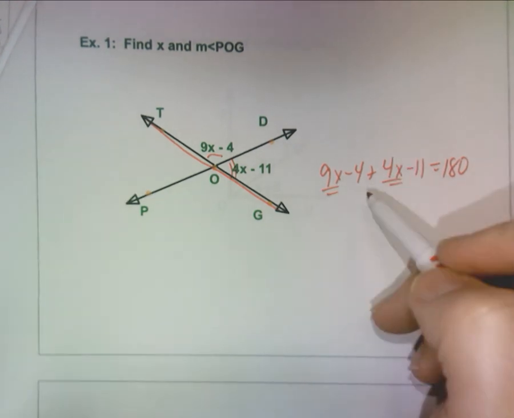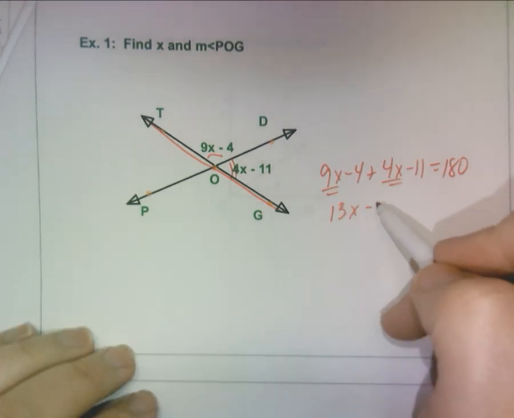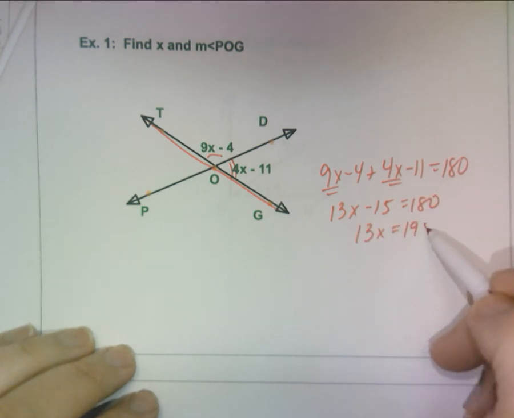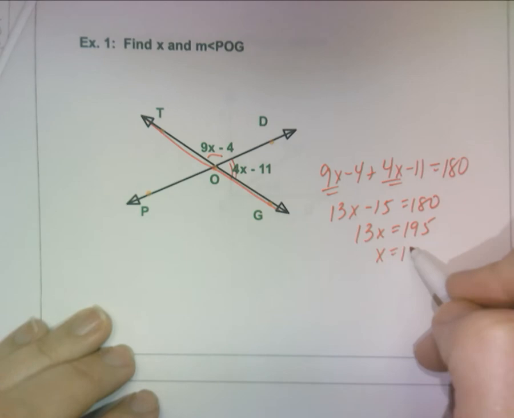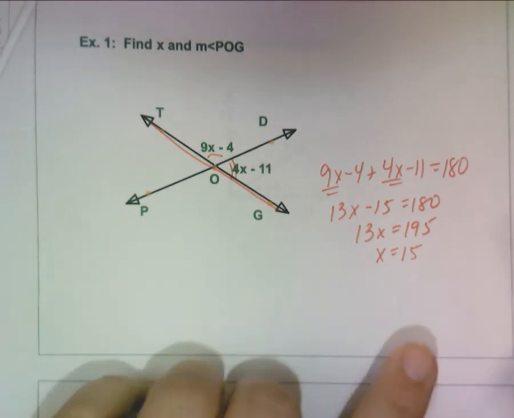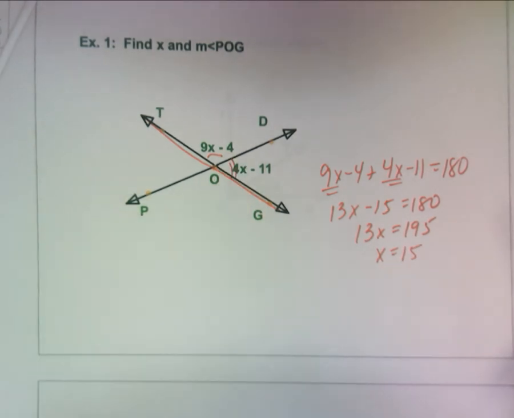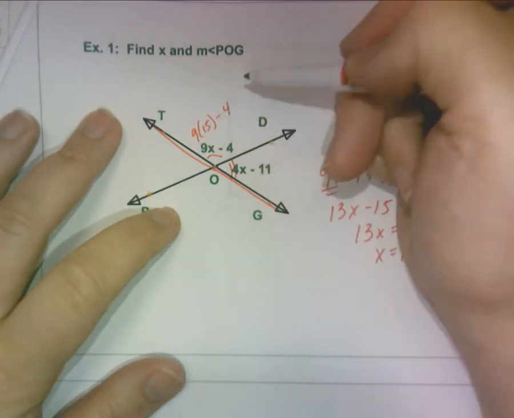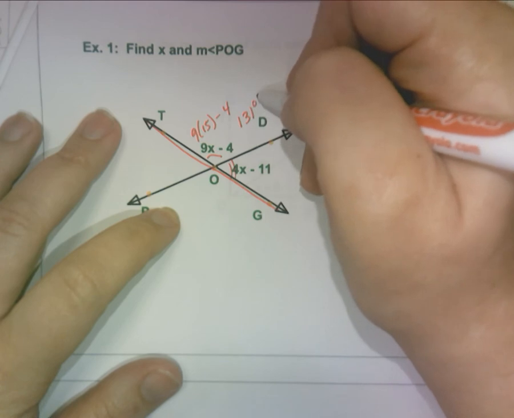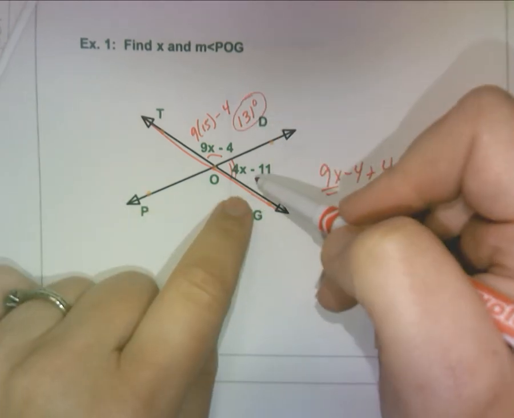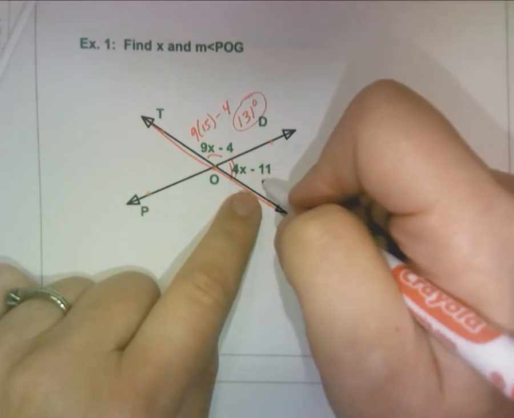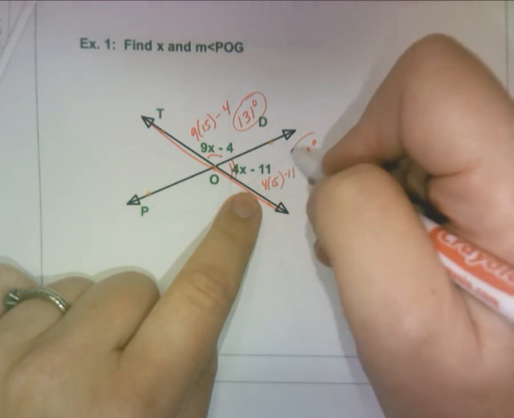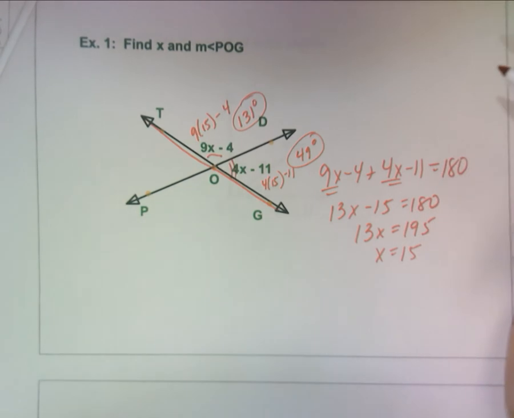And do just very simple algebra. 13x minus 15 equals 180. 13x equals 195. x is 15. So we found x. Plug it back in. If I plug it into this one, 9 times 15 minus 4 would be 131 degrees. Plug 15 into this one. 4 times 15 minus 11 makes 49 degrees. And hey, those two together make 180.